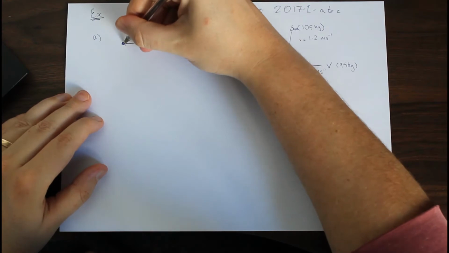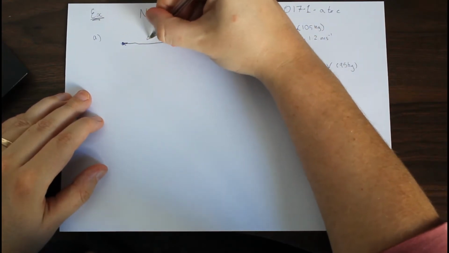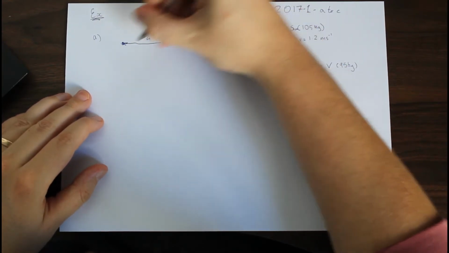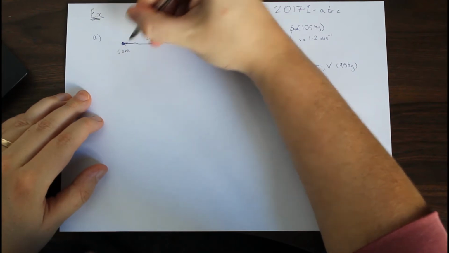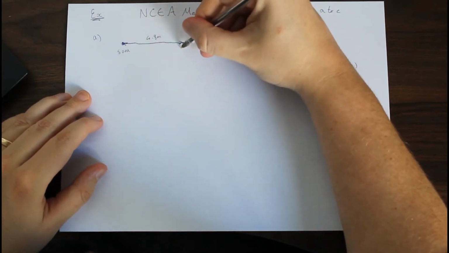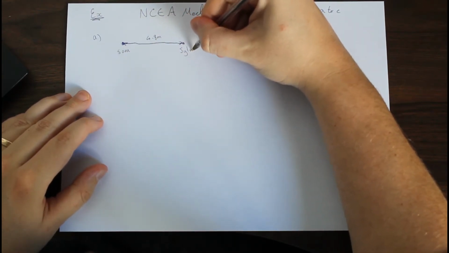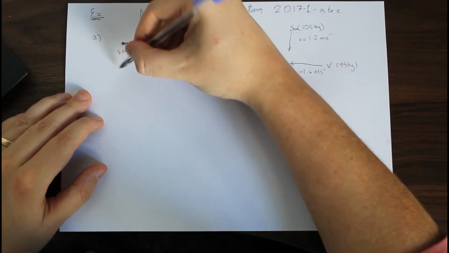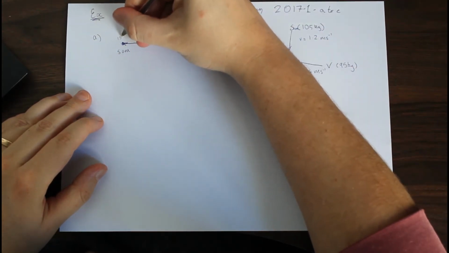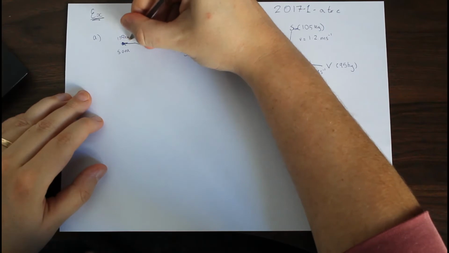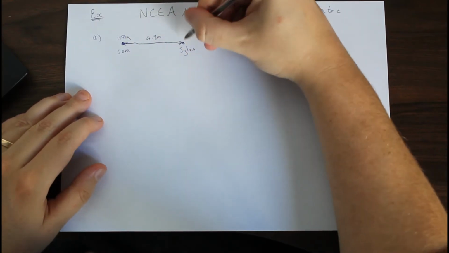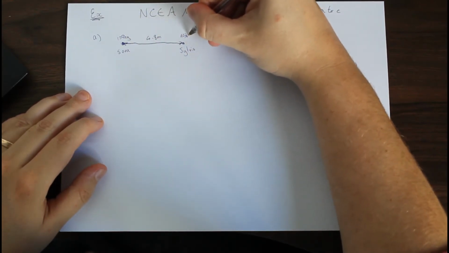Remember, when you're doing your questions, the more drawing, honestly, the clearer it gets. We've got Sam, we've got Sylvia. Sam has a mass of 105 kilograms, and Sylvia has a mass of 95 kilograms.